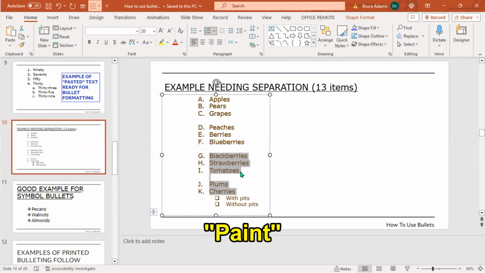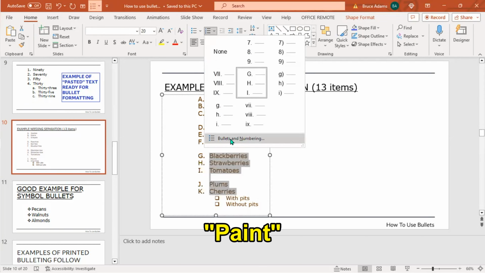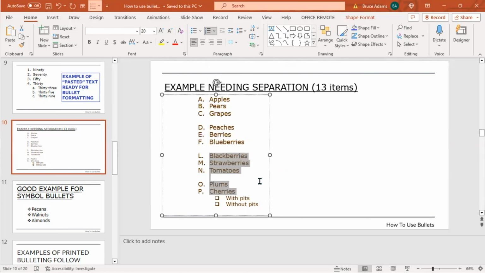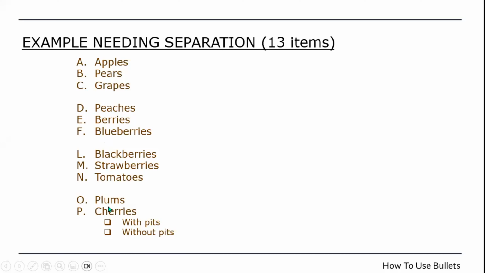You could just select the items that you want to be renumbered, go to bullets and renumbering, and you want to start at, this is 7, H-I-J-K-L. You want to start at L, and you'll note here how it goes from F to L. That's how you renumber a section.